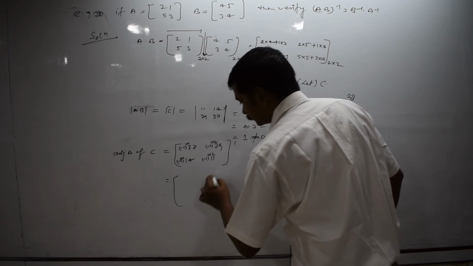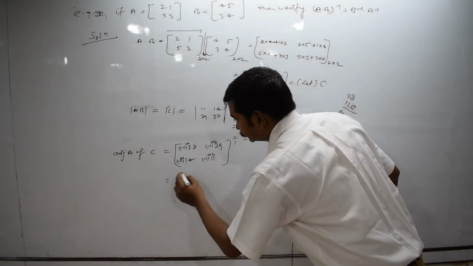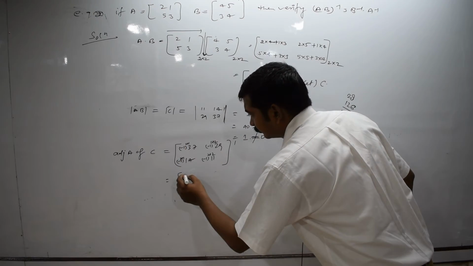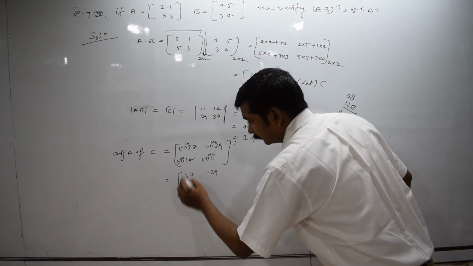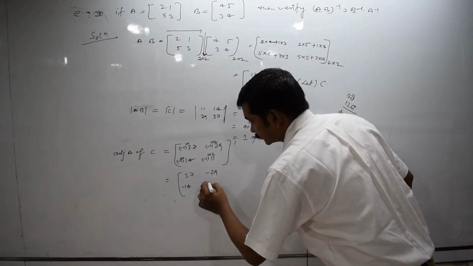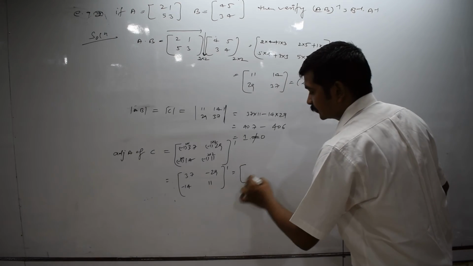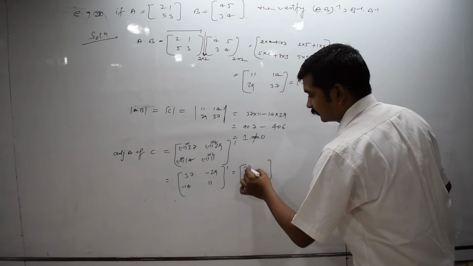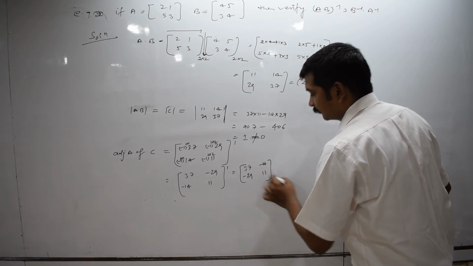So in this matrix the order is plus, minus, minus, plus: 37, minus 29, minus 14, 11. The transpose of this matrix will be 37, minus 29, minus 14, 11.